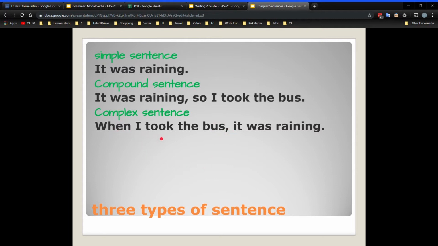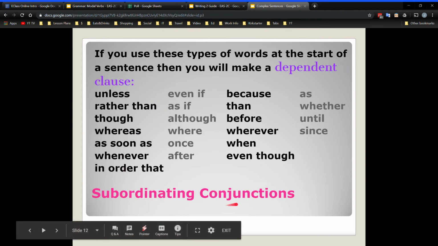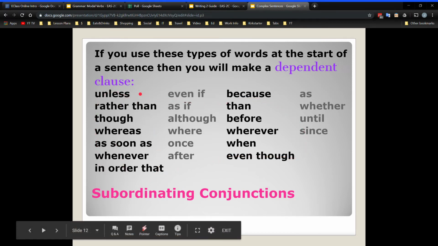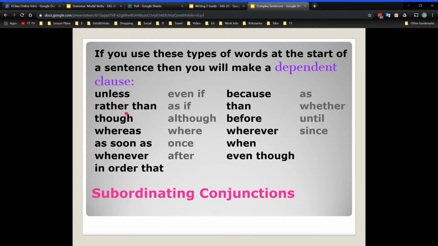So the dependent clause will always start with something that is called a subordinating conjunction. This list here is just an example of a few subordinating conjunctions. These will always be at the start of a dependent clause. And when you see this, that should be a clue that you either need to add a comma or that it's part of the other idea.